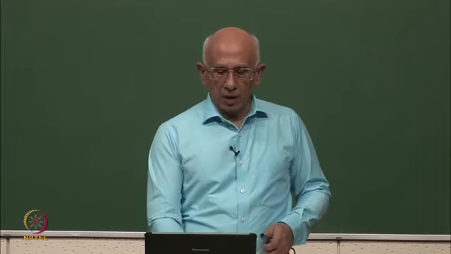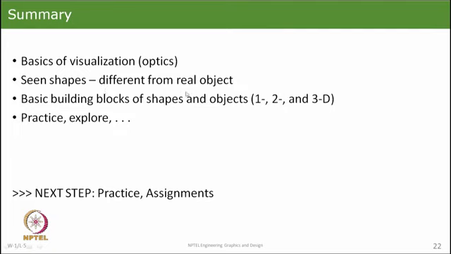We have seen how we can get shapes from a real object. We saw that the real way of looking at things distorts the view. We also learned that for engineers, for construction, for making, for fabrication, for manufacturing, we have to give the true view.